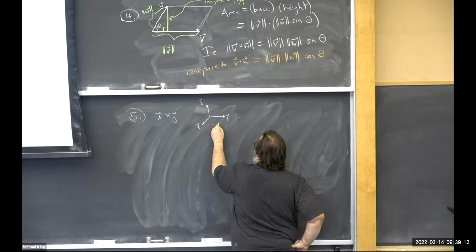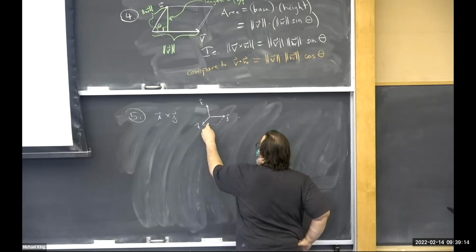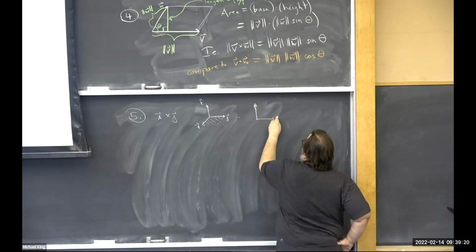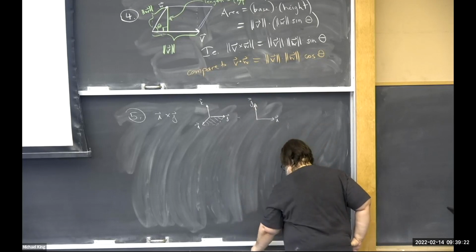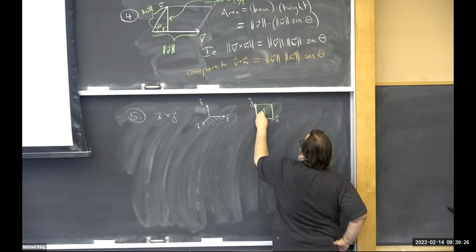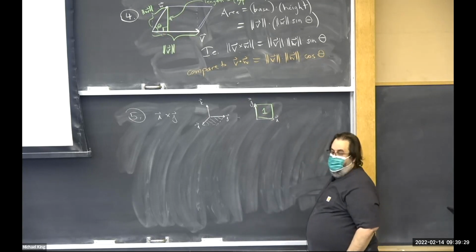It's really this square in the xy plane that we're looking at, right? So you're saying the magnitude is the area of this right here, which is 1. So magnitude is 1.